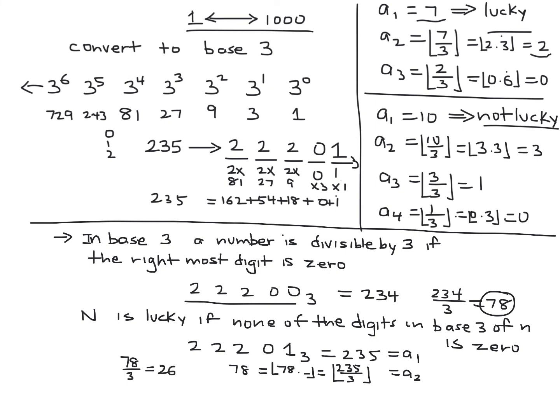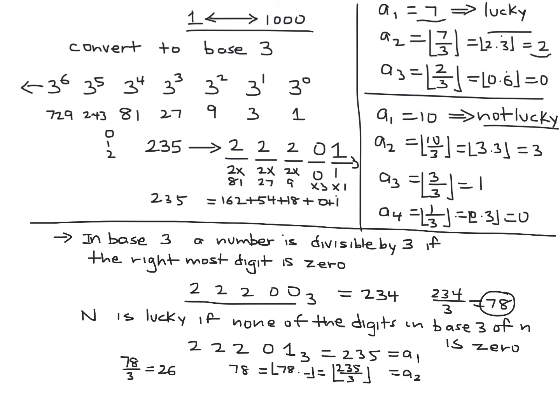Yeah. So that's basically showing you that this number, 235, is not lucky because we just found a number that's divisible by 3. And you say, well, why was it not lucky? Well, I just showed you why, but in particular in base 3 because there's a 0 in there.